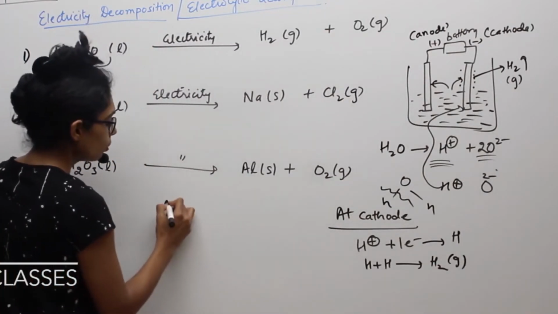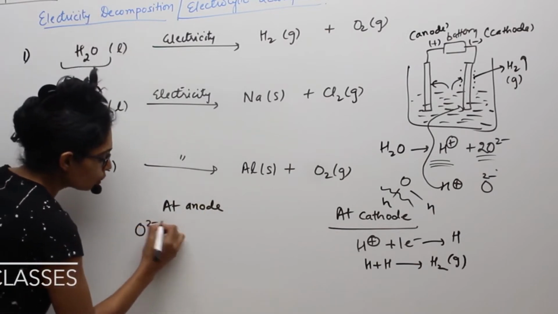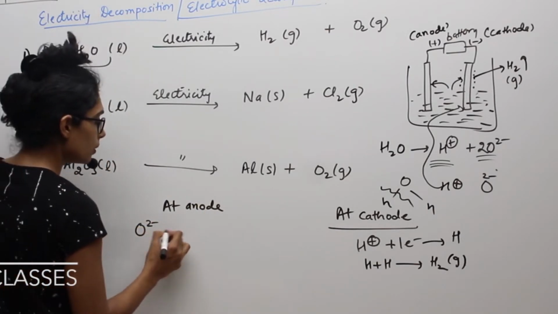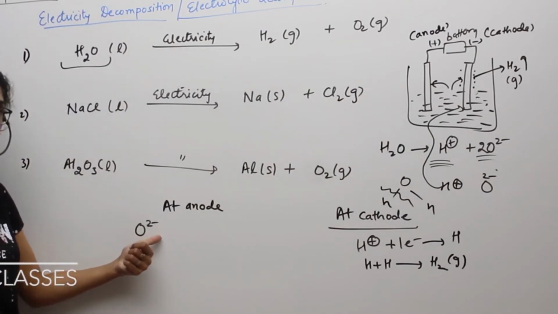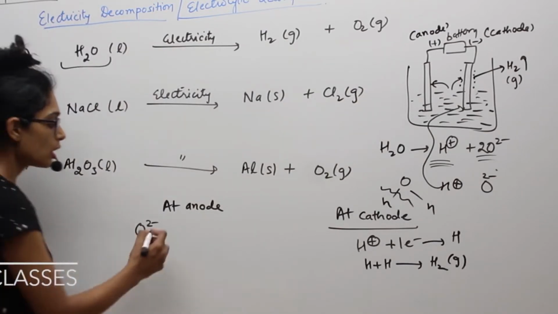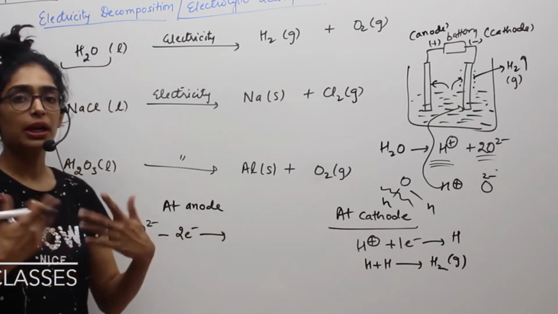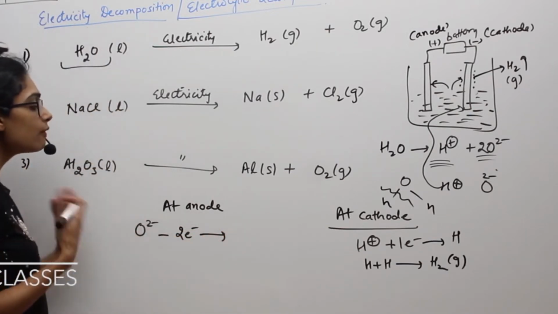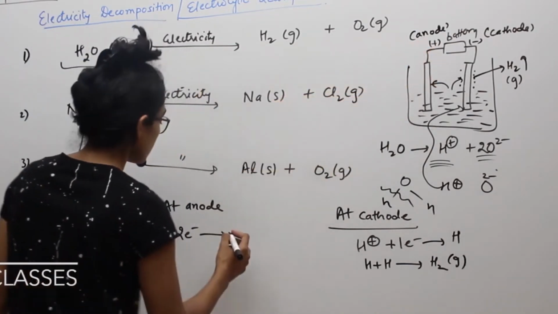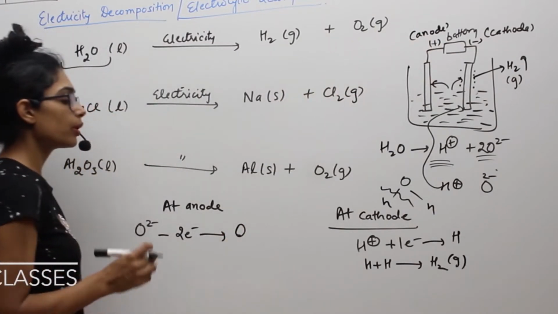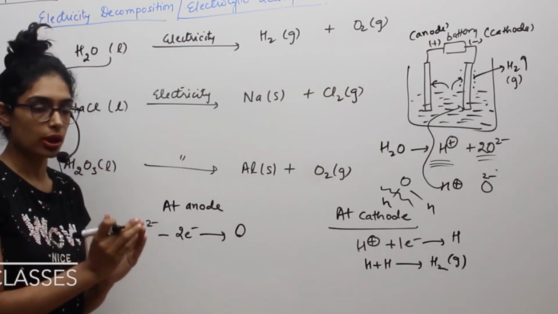Similarly, at the anode, what will happen? O2- will go to the anode, which is the positive terminal. It has two extra electrons, so it will give away its two electrons. It will say, please let me get rid of these electrons. Because this anode is electron deficient, the oxygen will get converted into a normal oxygen atom, only O, no charge on it.